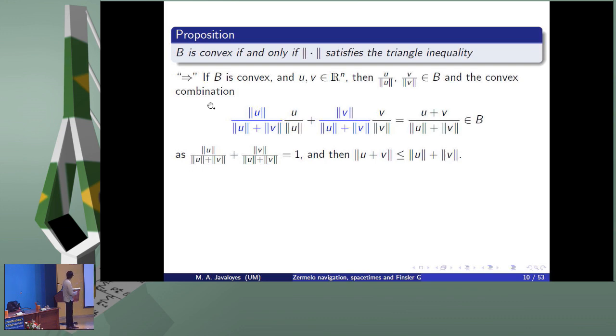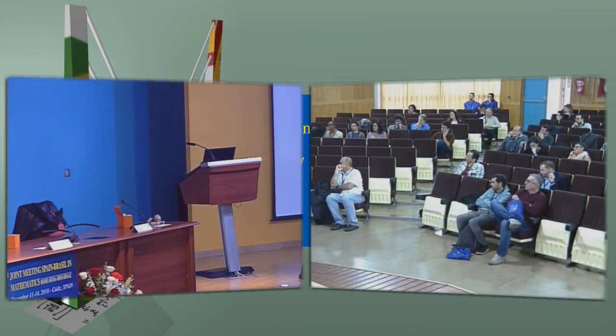The proof is very simple, because if B, the unit ball, is convex, then if you take two arbitrary vectors of R^n, you can consider the normalization of these vectors, and then you can take this convex combination, because these two quantities sum to 1. The sum of these two terms, where this cancels with this and this with this, is u plus v over the sum of the norms.